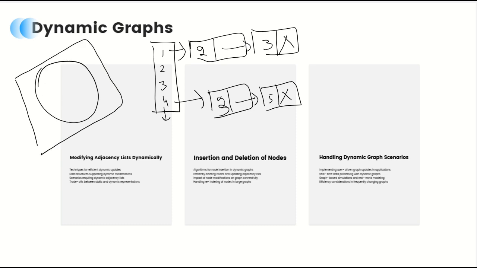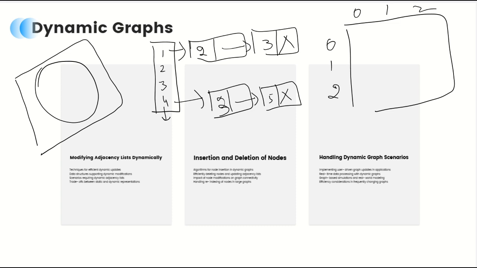This is a major problem that we faced with the adjacency matrix, because it is stored in the form of the number of vertices, taking order of V square. If we try to add new vertices or edges, as we are representing things as zero if the edge or vertex is not present, we have to remove this and add a new thing.